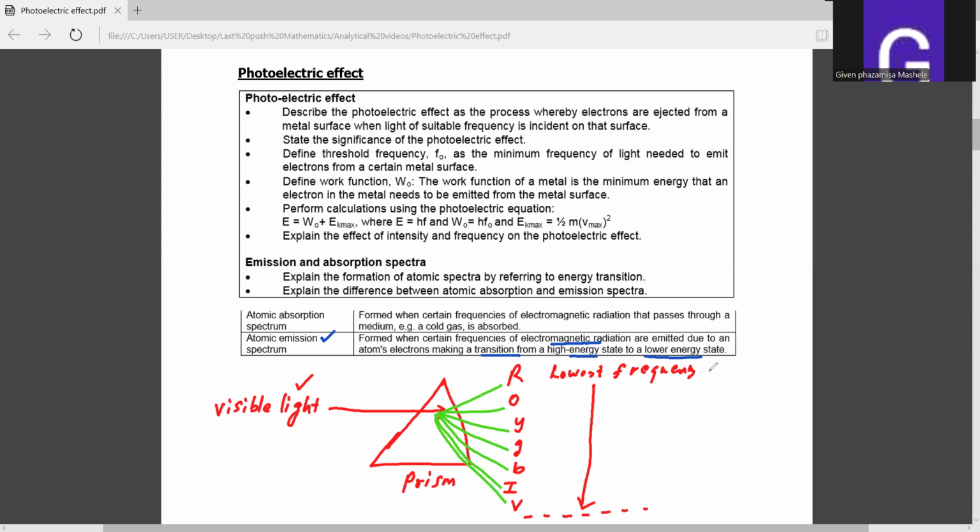Because we know the lower the frequency, the lower the energy of the photon. So when we move on, this will make a transition from a high energy level to a lower energy level. Because of that, this is an example of an emission spectrum.